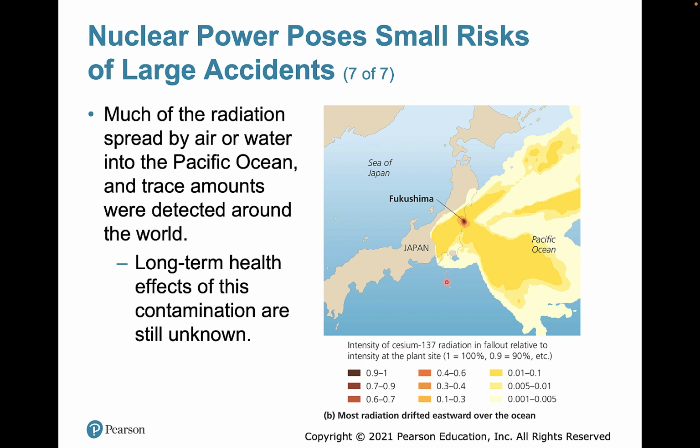A lot of it fell into the Pacific Ocean. A problem with that is that fishing is a huge industry in Japan. So Japanese fishing fleets went out and caught these fish that were in this radioactive water. So we still don't know, a decade later, what the long-term health effects of that contamination were.